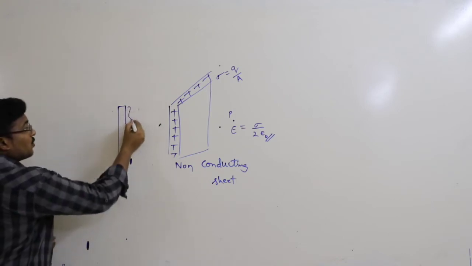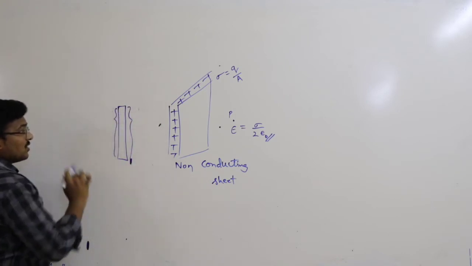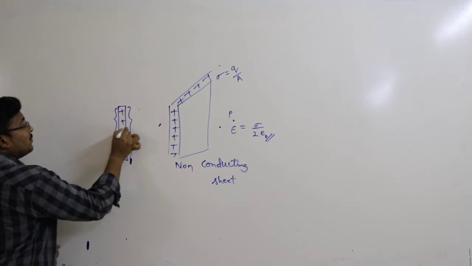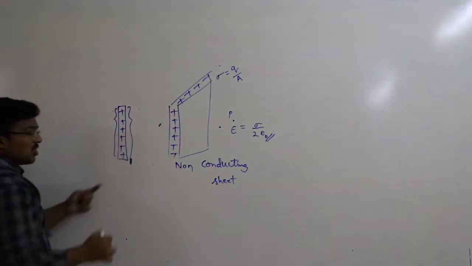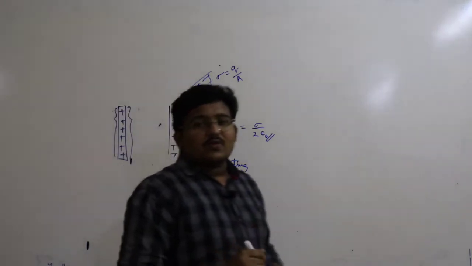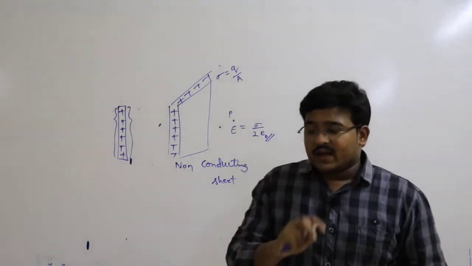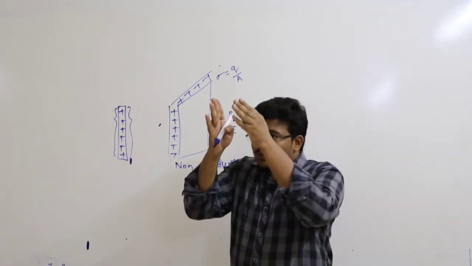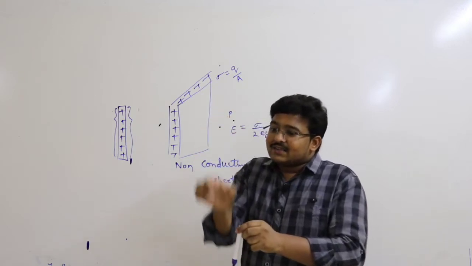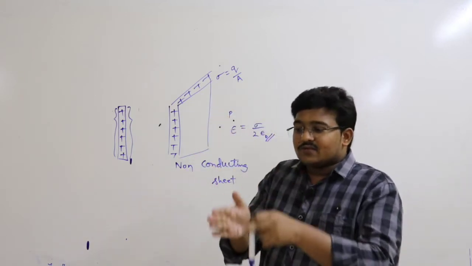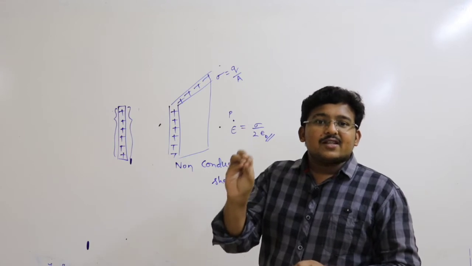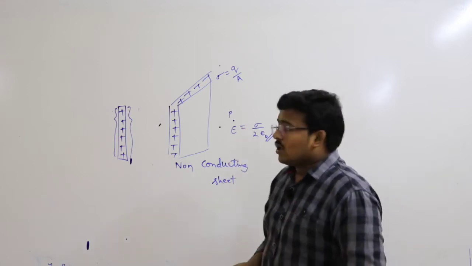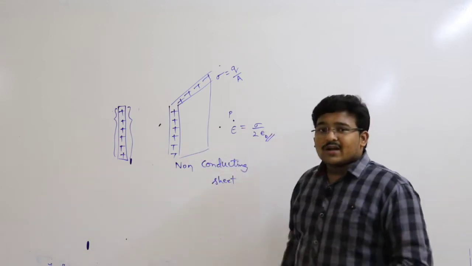This is one surface, this is one surface, and in between the surfaces charge is present. So from now onwards I will just draw like this. It means that two surfaces are there, and inside the material between the two surfaces charge is present. Okay. Now this is for a non-conductor.